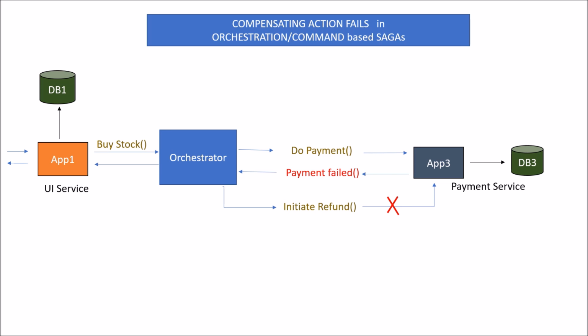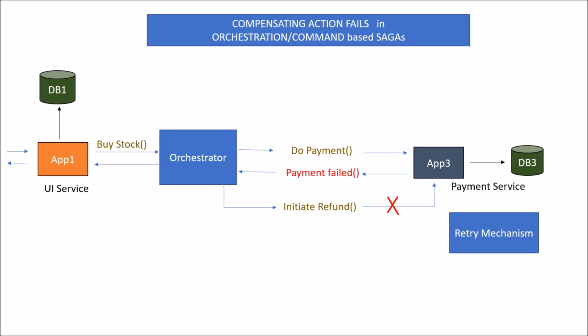So here we can implement a retry mechanism if we are implementing microservices with the help of Spring Boot. Again, there should be limitations on the number of retries. Let's say we have a limit of 3 set by the business.